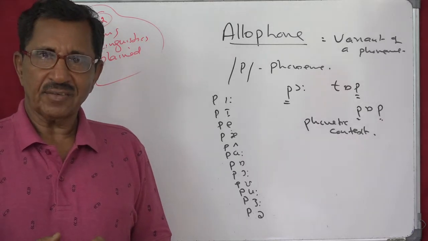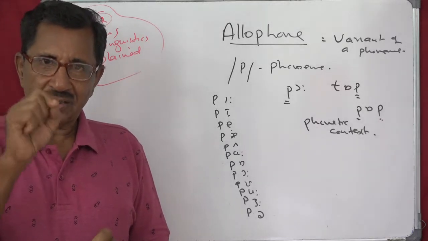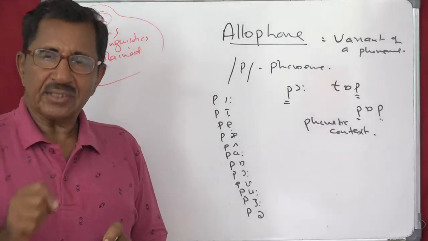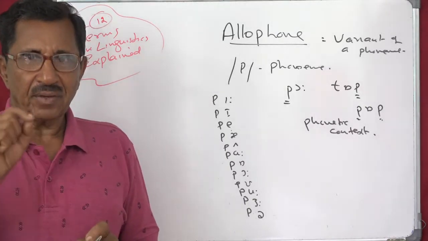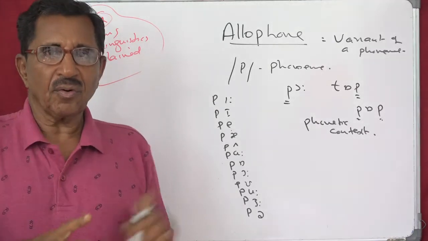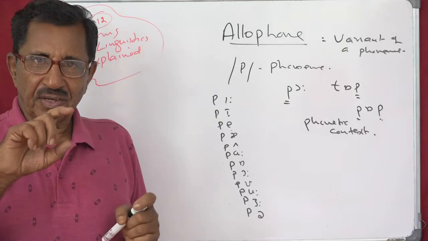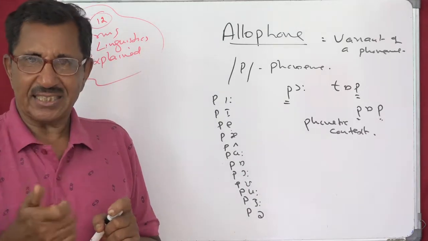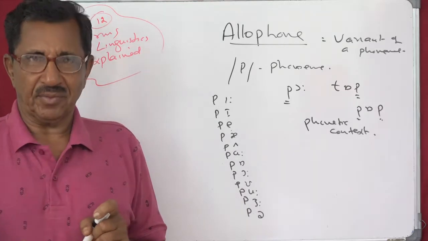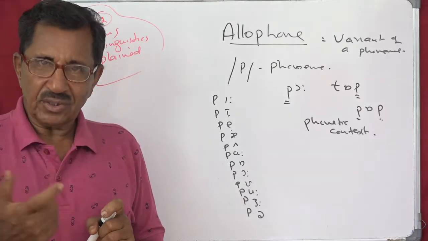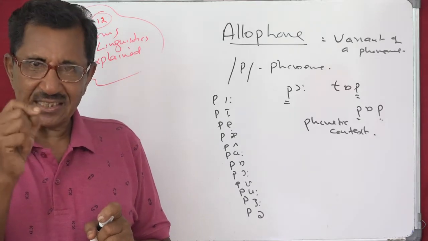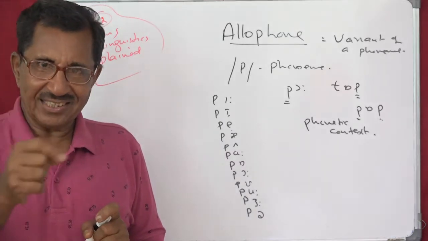You cannot say they are pure; they occur in speech, in the speech act, not in their pure form. In its pure form you call it a phoneme. But if it undergoes slight changes because of phonetic context, there will be variations in the pronunciation.